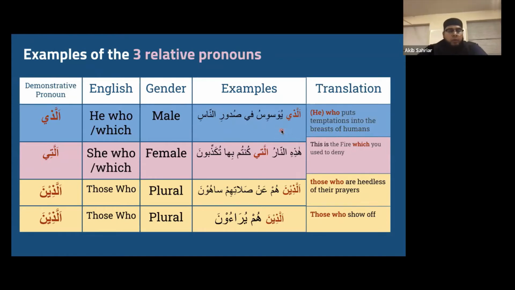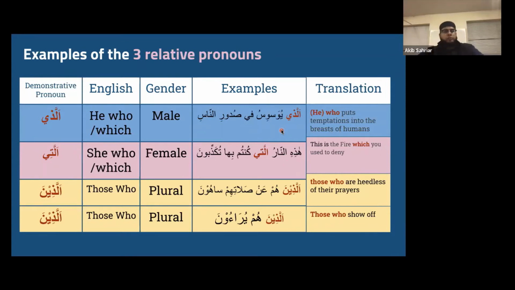That he who puts temptations. Yuwaswisu, he makes waswasa, he whispers into the ear of human beings, and he puts temptations fi, inside, sudurin nas, in the breasts of human beings.